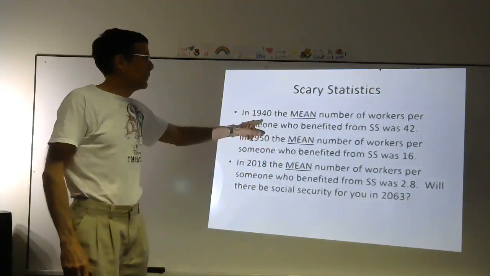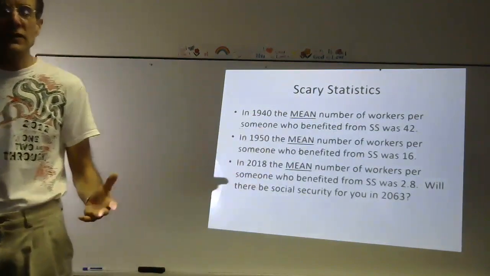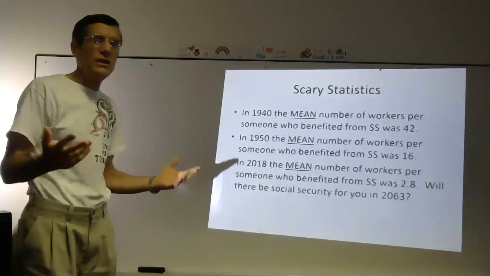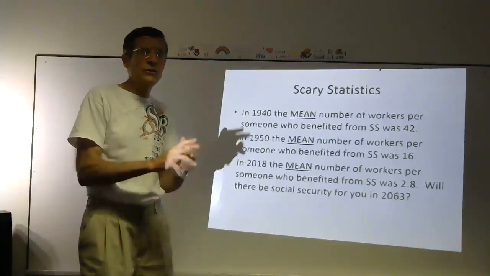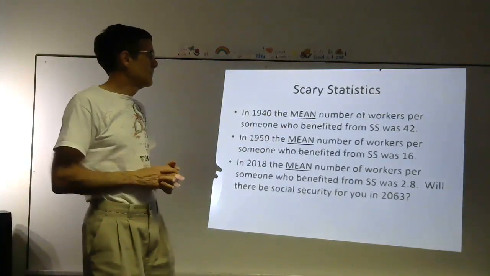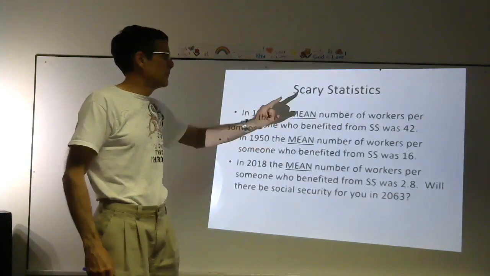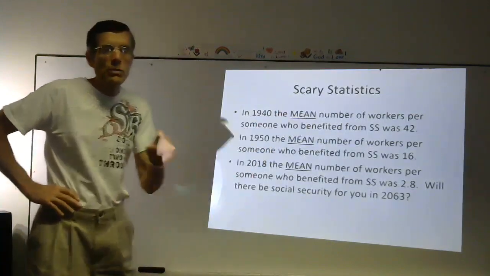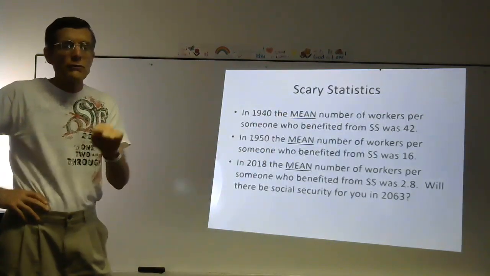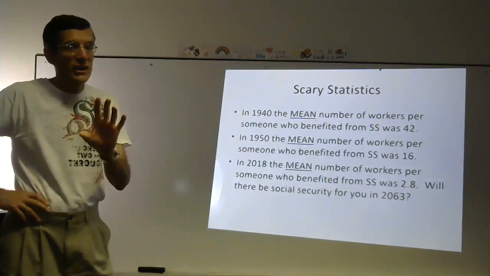In 1940, when the Social Security Administration was in its infancy, as it was initiated by FDR during the years following the Depression, there were 42 people working for every person who got a Social Security check.